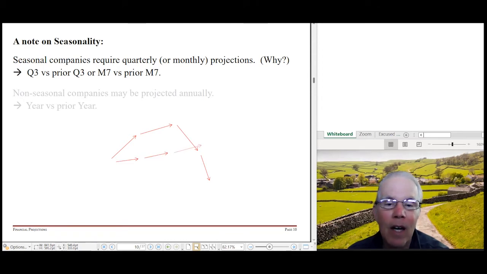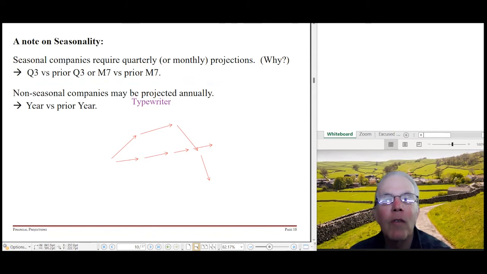So for a non-seasonal company, everything's fairly linear inside each quarter of the year, so we don't have to look at that. But for the seasonal company, if we just go from the beginning of the year to the end of the year, we've missed all of this important stuff inside the year, and that's going to be very important for the microeconomics of the company. So we'll have to be careful for seasonal companies to project them quarter over quarter or month over month, but for non-seasonal companies, we can project year over year.